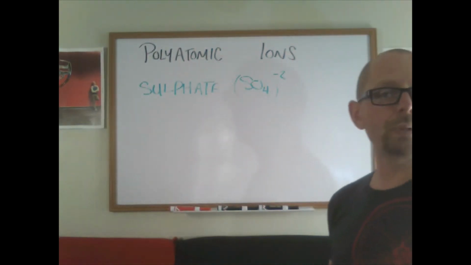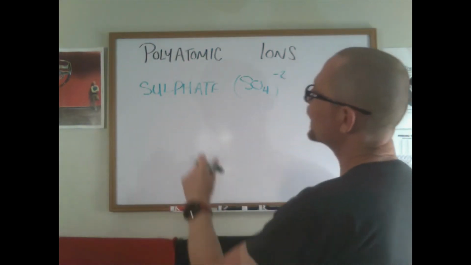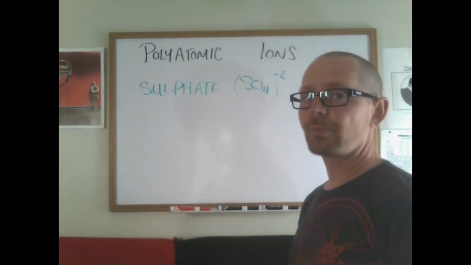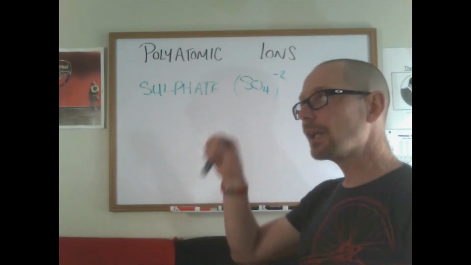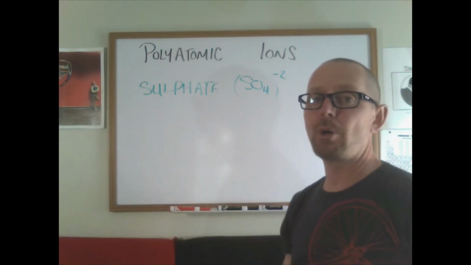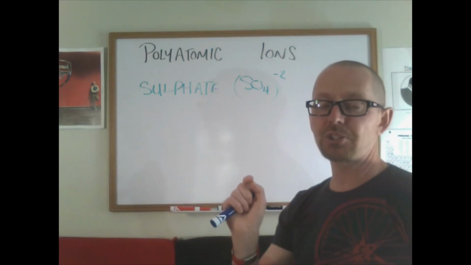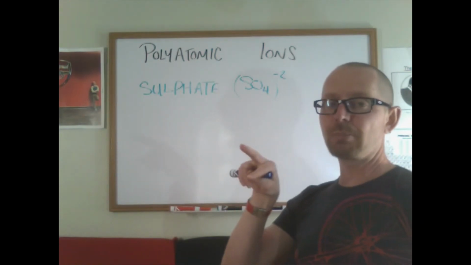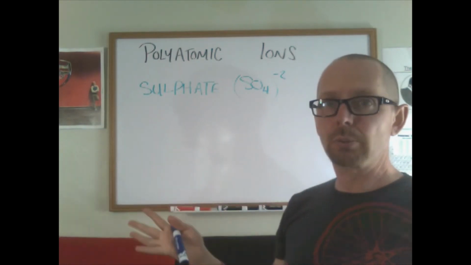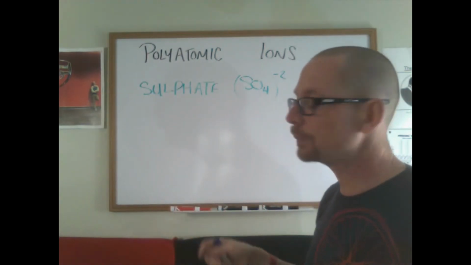Sulfate with a ph, not an f. Okay, sulfate, SO4. There's another thing that can happen because oxygen and sulfur are both chalcogens, they're both part of group 16, their chemistries are relatively similar. That's what puts them in group 16, right? That's the periodic law.